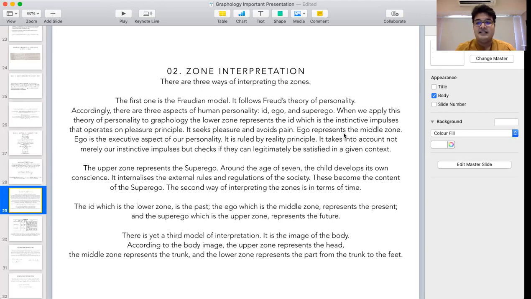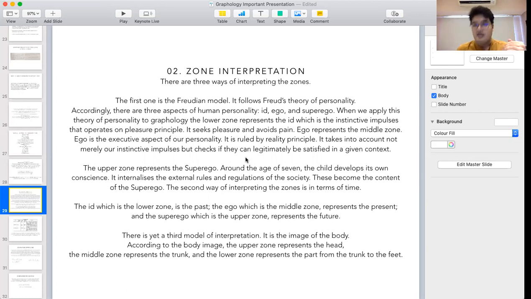The ego represents the middle zone. Ego is the executive aspect of our personality. It is ruled by reality principle. It takes into account not merely our instinctive impulses, but checks if they can legitimately be satisfied in any given context.